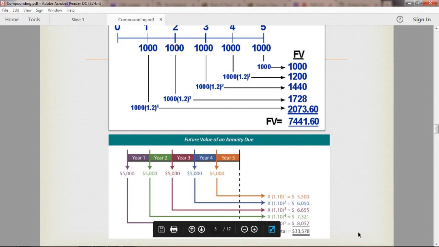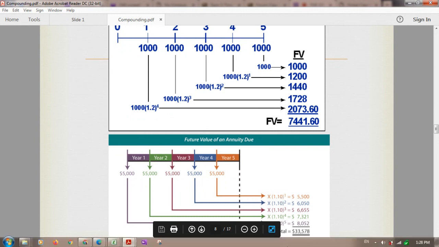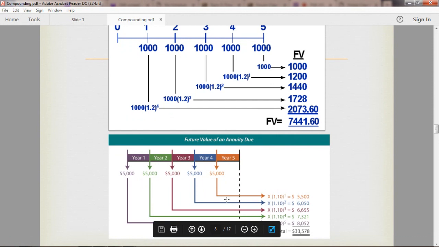But the point is, if it was 1,000 or the interest rate were 20%, it's the same picture except for one thing. What is that one thing? The deposit is made at the beginning of the year, beginning of year 1, year 2, year 3, year 4.